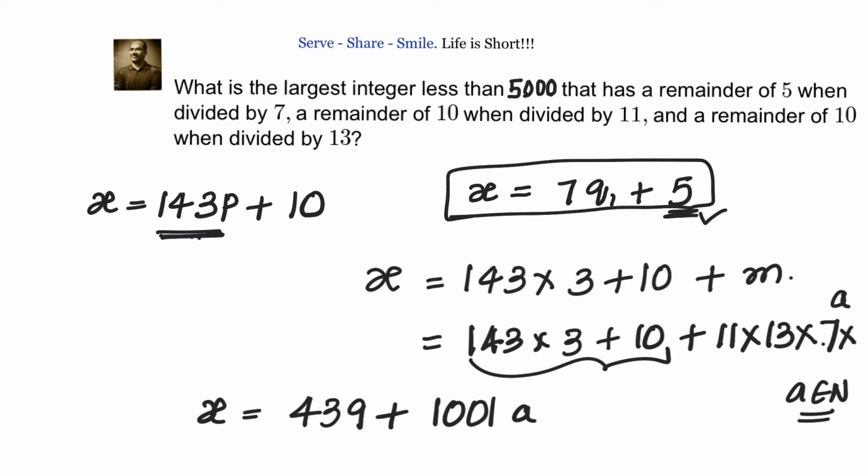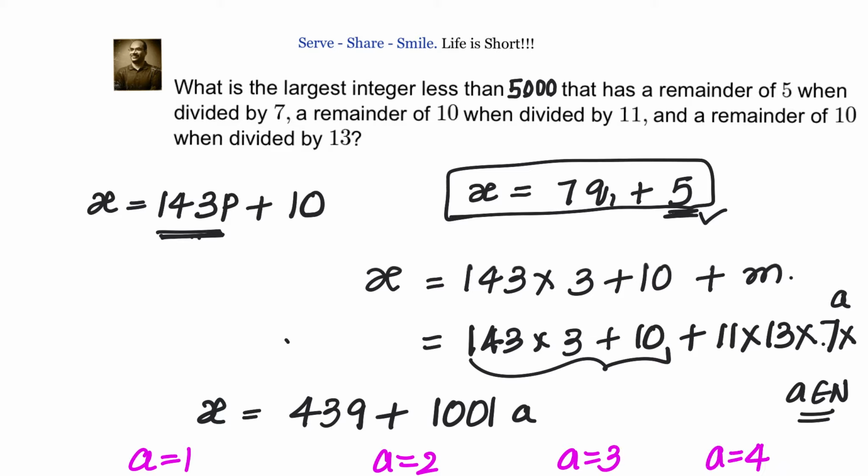Now we have to substitute different values for a starting from 1, and we have to check when the number will become more than 5000. Then we will stop and we will take the largest integer less than 5000. Let us take different values for a. Let us say a equals 1, a equals 2, a equals 3, a equals 4.